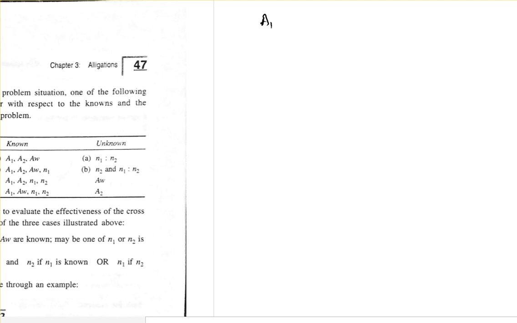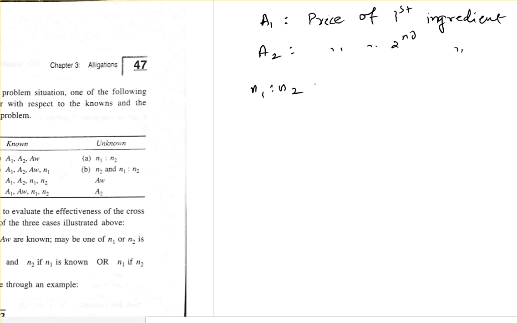A1 is the price per unit or kg of first part, or you can say first ingredient. Okay, A2 is price of second ingredient, N1 is to N2, the given ratio of mixing.